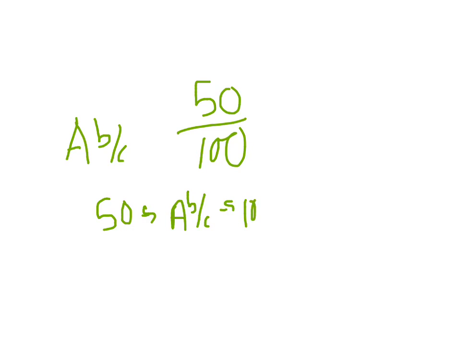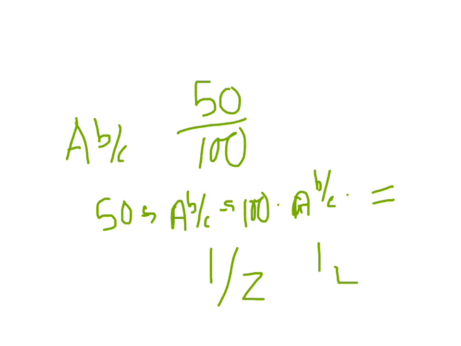Then you would type in 100. And you would hit that A B/C button. And next you would click the equal. And it would actually simplify it down for you and make it 1/2. I think on most calculators it would look like 1 line 2. So using a calculator is pretty easy.